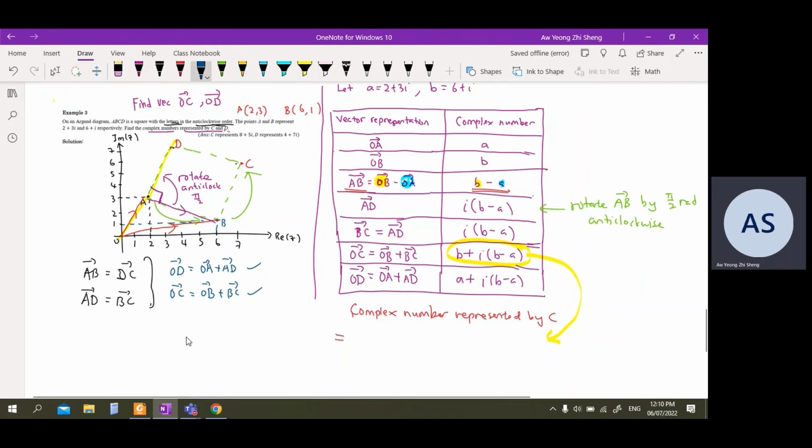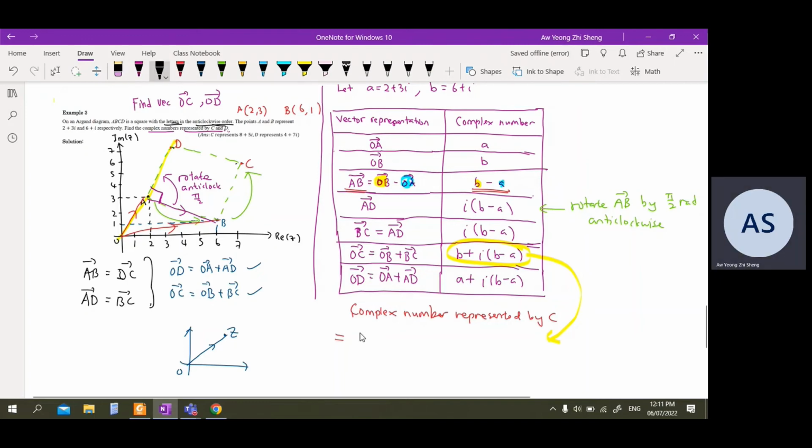Earlier in this chapter, we learned that if capital Z is a point that represents a complex number z, then the vector OZ must also represent the same complex number z. Right, so here is the same logic. The complex number represented by C must be the same as the complex number represented by vector OC.